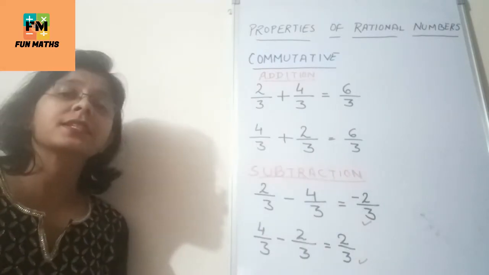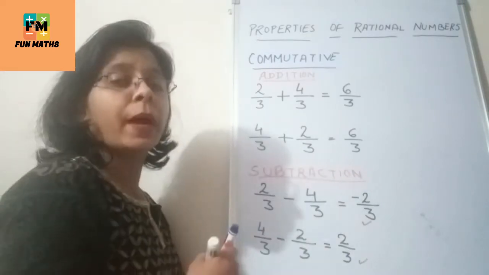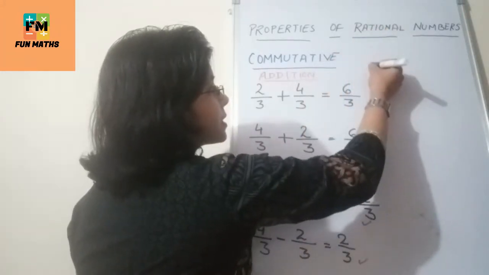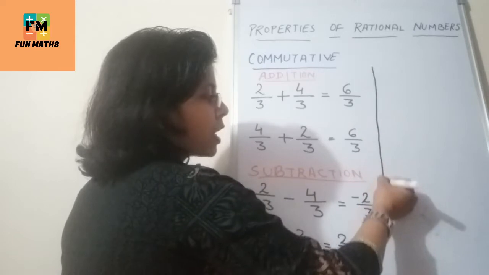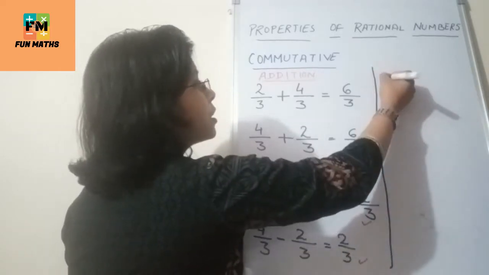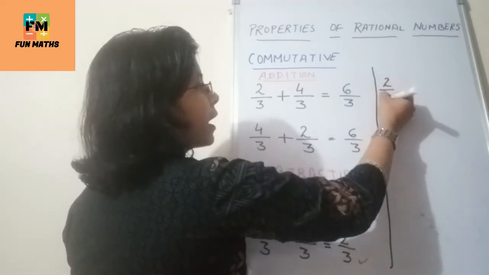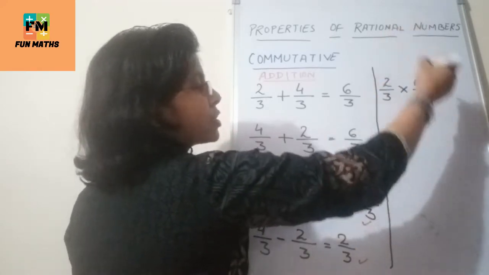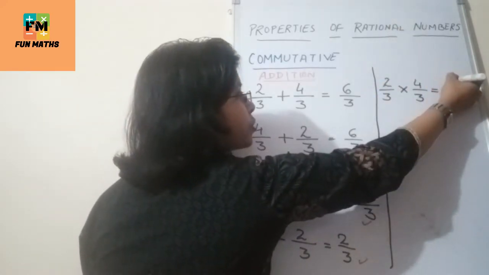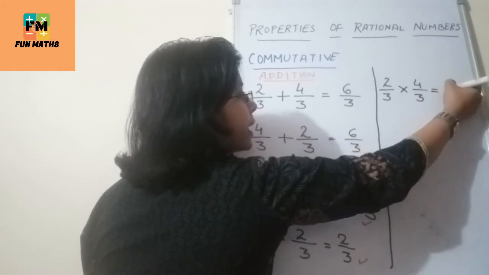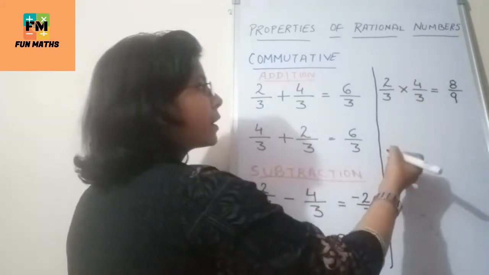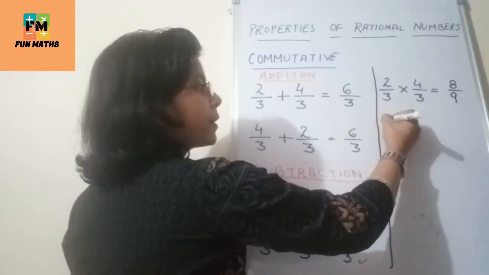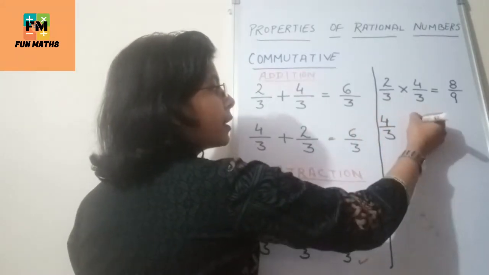Now let's check the same thing with multiplication. Let's take the same rational numbers, 2 by 3 and 4 by 3. When we perform multiplication, it would be 2 into 4, 8 by 9. Next, let's interchange: we write 4 by 3 and then 2 by 3.